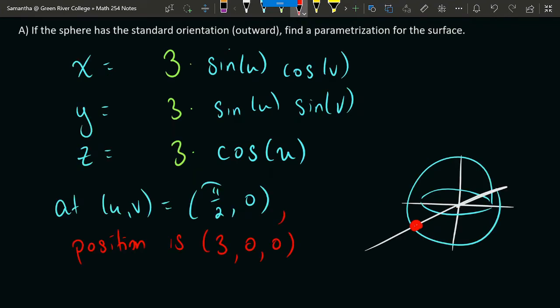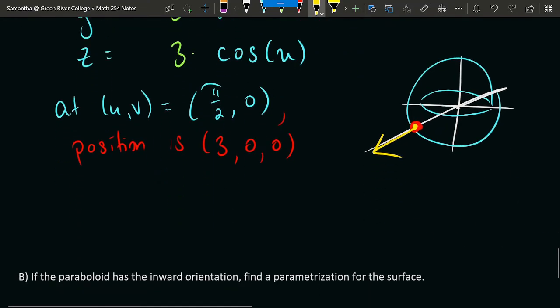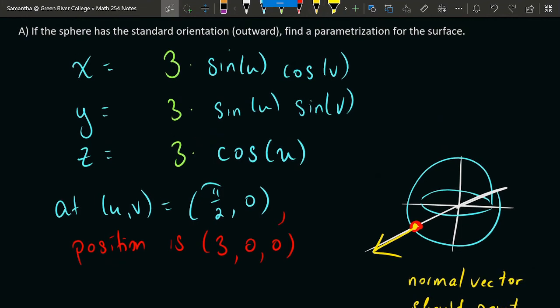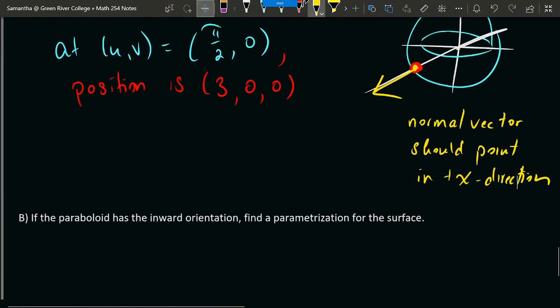Now, for an outwardly oriented sphere, the normal vector to the sphere at that location should also point in the positive x direction. So let's check whether or not our parametrization that we've constructed truly satisfies that property.